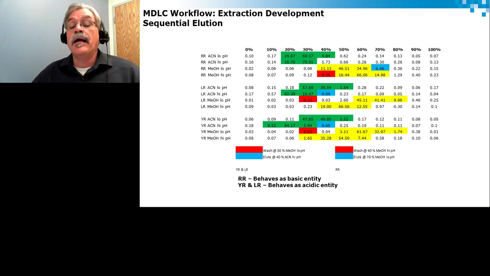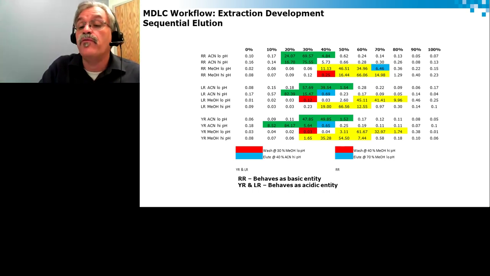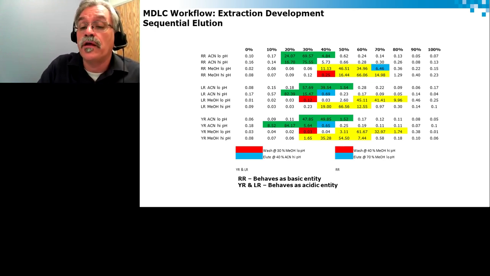Now, by tabulating these results into a graph, we can see exactly how a compound behaves. For example, RR starts eluting at 20% ACN at low pH, but spreads between 20 up to 40%. At high pH, we can see that it has a tighter band between 20 and 30.